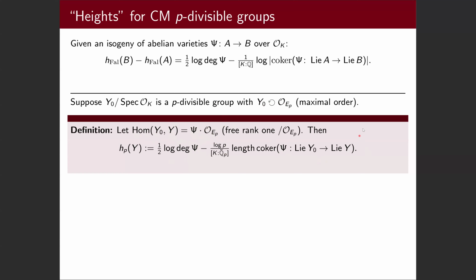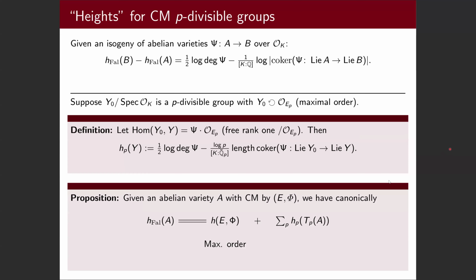So, okay, this is a definition, but maybe the utility of the definition is that this decomposes the usual Faltings height in a canonical way. Here's what I mean. Let's say I have an abelian variety A with CM by the CM pair, but with possibly non-maximal order. Then this Faltings height decomposes canonically into two terms. The first term is its height in the case of CM by a maximal order.